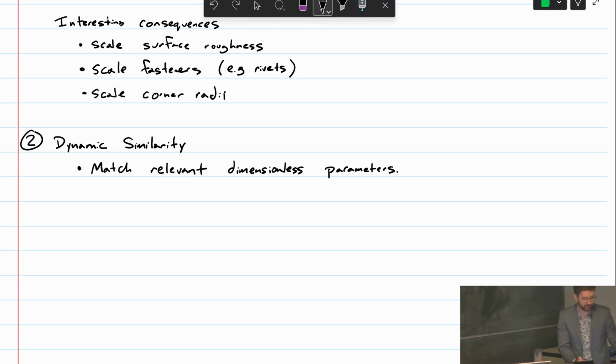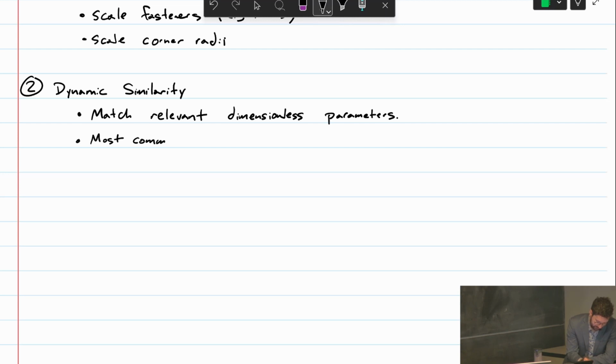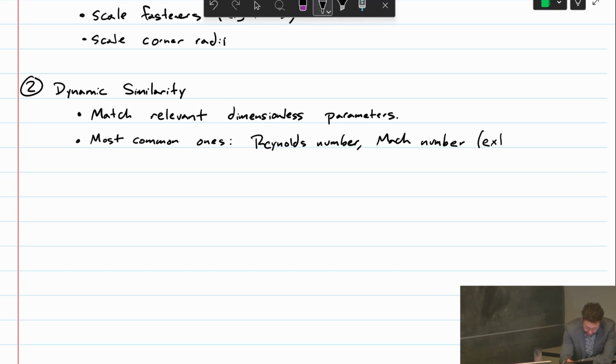To start off, I'll give you two very common ones that apply in almost every flow. Most common ones: there'll be the Reynolds number and the Mach number. And these parameters are the relevant parameters for external aerodynamics. We'll just say aerodynamics.